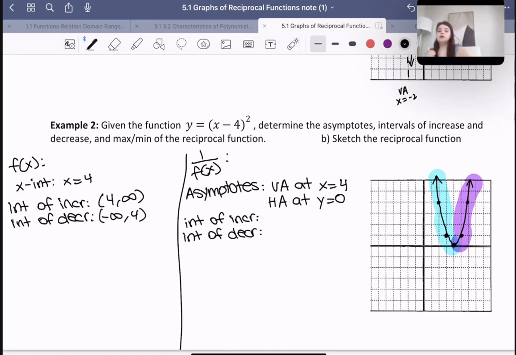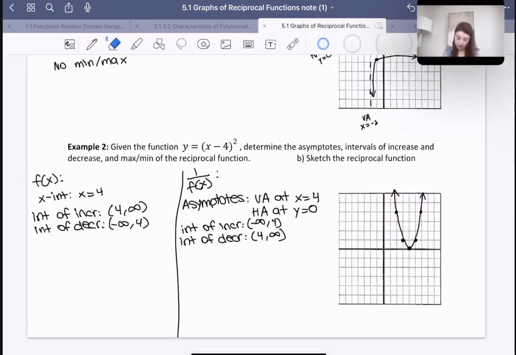And we know what they said. They said that the opposite is true for the reciprocal. That for the reciprocal, the interval of increase is actually the interval of decrease. So from 4 to infinity, the reciprocal will be decreasing. And as for negative infinity up to 4, that's the interval of increase on our reciprocal. So I switched them, right? I switched them because we're taking the reciprocal. Awesome.